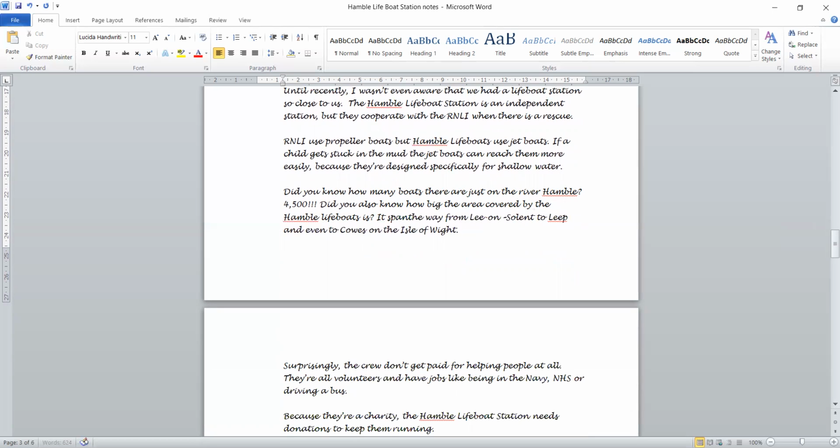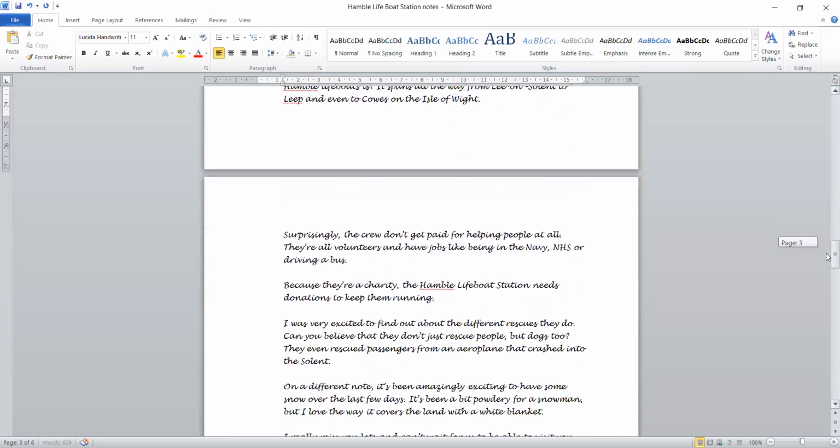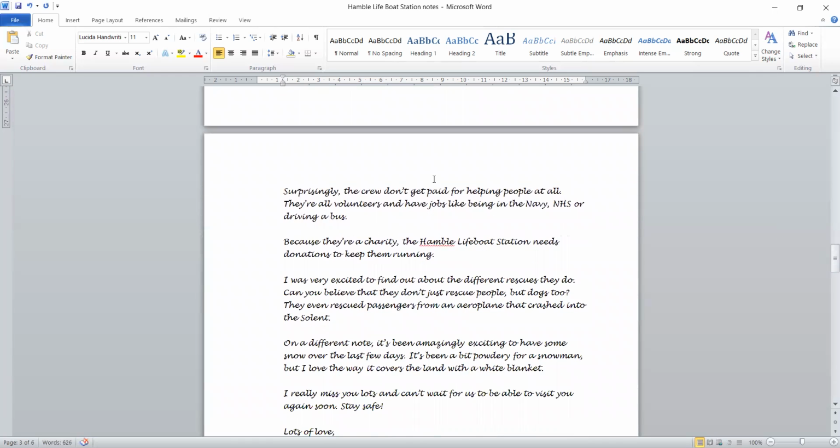And I need to make sure that I write it in the correct place. It spans all the way from Leon-Solent to Lee and even to Cowes on the Isle of Wight. Good. I have up-leveled that sentence. I've made it better because I have changed my verb again. So I've changed a number of verbs.